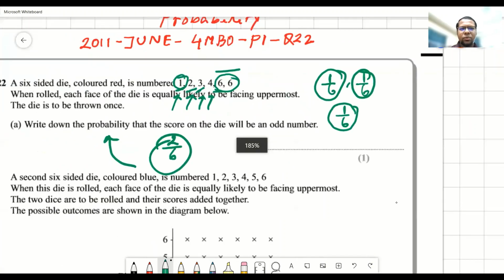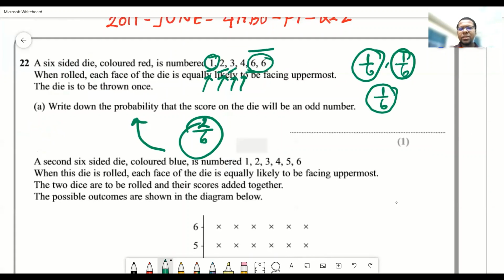So when you roll it, the probability of getting a 6 will be double that of 1 or 2 or 3 or 4. That's why the probability of getting a 6 will be 2 divided by 6 or 1 by 3. Okay, so this is not the answer to question A. I'm just explaining it so that you can understand the concept of probability.